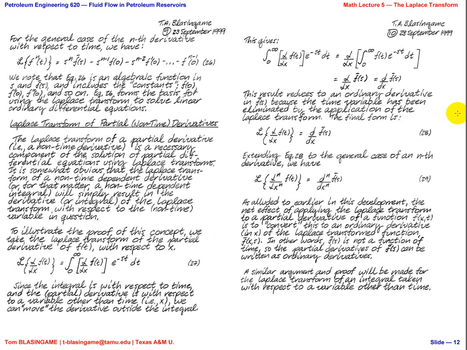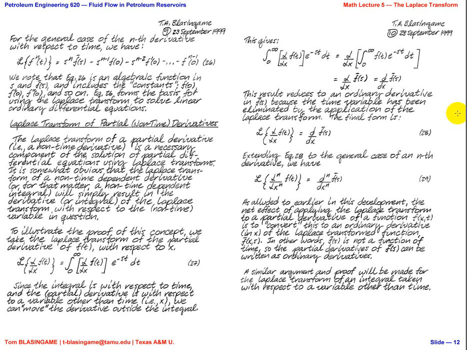And you can apply this whenever you have the second, third, or n-th derivative in t. It is the same. In a sense, it is a sum of terms of s to the power of the number of the derivative here, right?